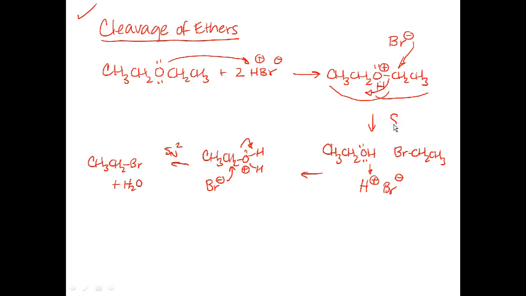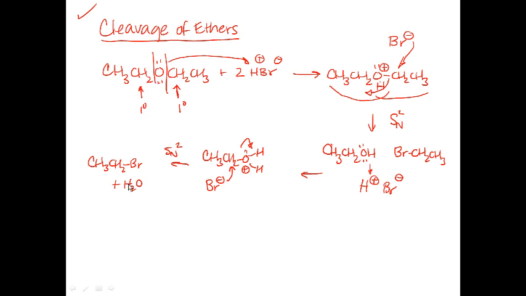So in the case where there are two primary carbons attached to the ether oxygen, I'm going to do two sequential SN2 reactions, and I'm going to end up cleaving the ether apart and forming 2 moles of alkyl halide, and then 1 mole of water.